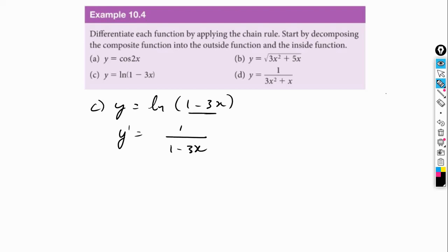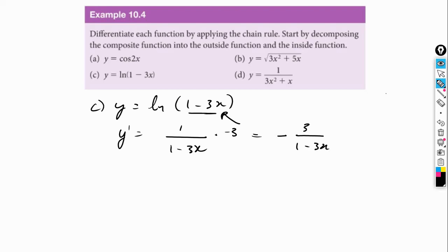Because remember that, again, the derivative of natural logarithm is 1 over x, and this times the derivative of the inside function, and this would be negative 3.